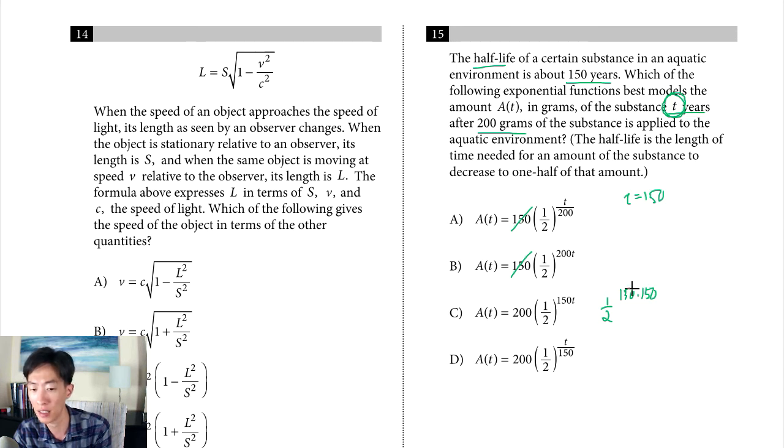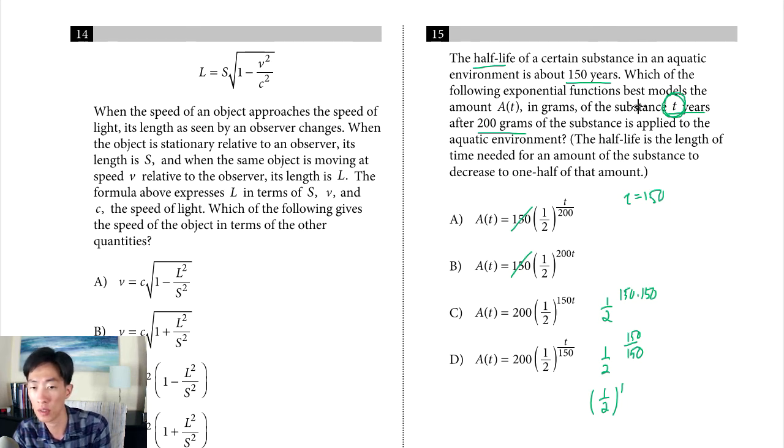So C is not likely the answer. So we have 1/2 raised to the 150 over 150. Does this make sense? It does, because after 150 years, you're multiplying 1/2 to the first power, which means you're only multiplying 200 by 1/2 once. So that does make sense.